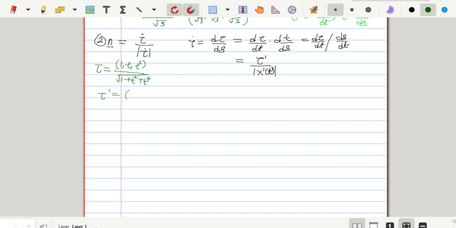So keeping the denominator, we are going to have 1 plus t squared plus t raised to the power 4, all raised to the power 1 over 2.